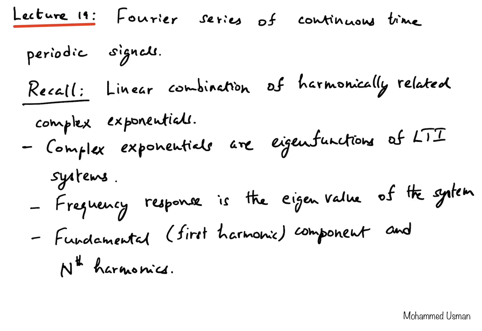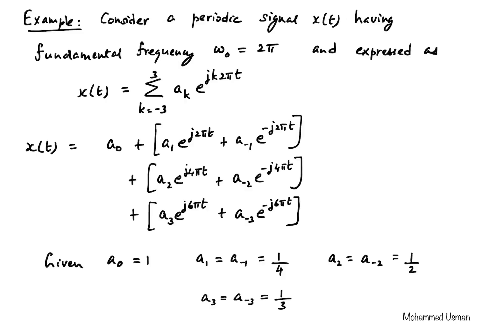And today we'll take that discussion further, and we'll do an example of representing a signal in terms of its Fourier series. I will also be showing the graphical depiction of the individual components of that signal, which are added up to produce that signal x of t.